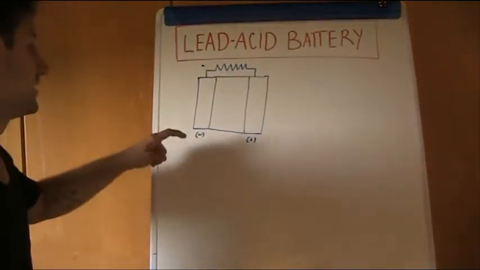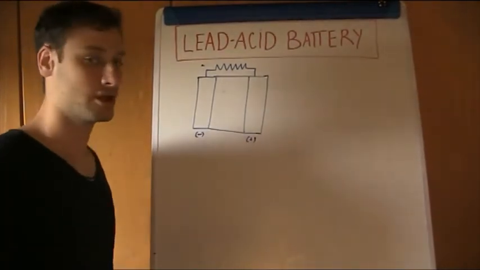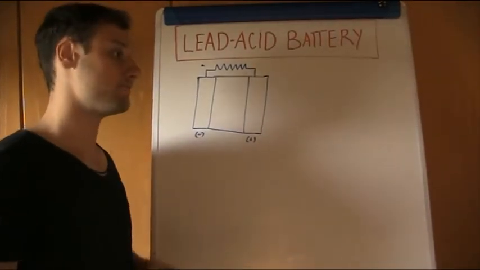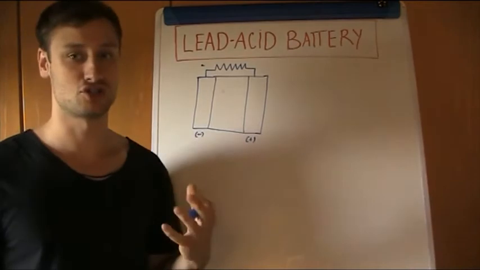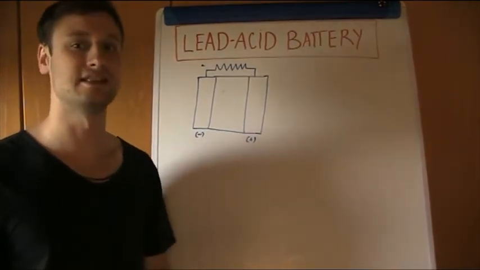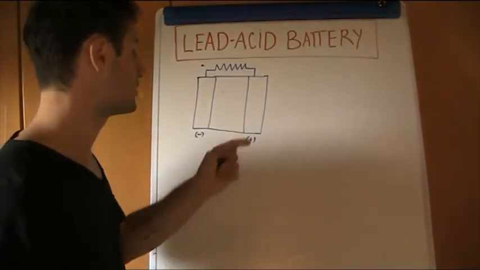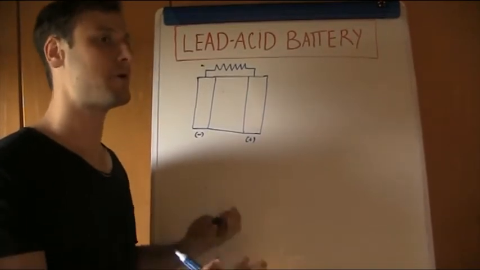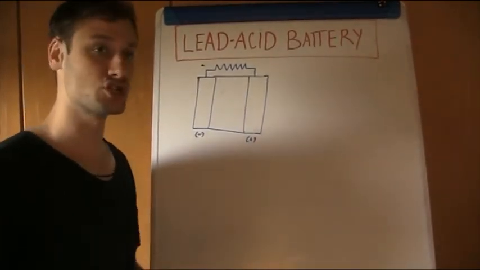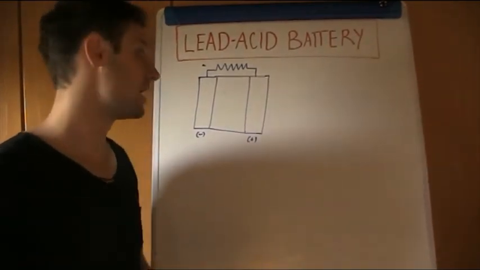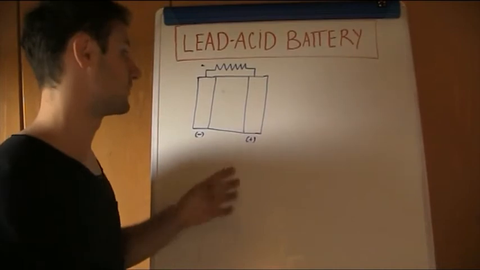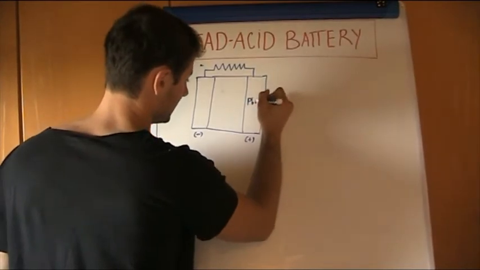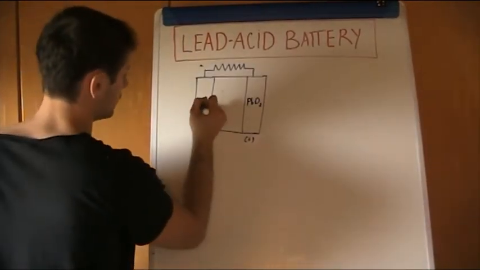The anode, the negative electrode during discharge, is made of sponge metallic lead, whereas the positive one is composed of lead peroxide, a quite fragile black powder created by electrodeposition of lead salts in the industrial production of these electrodes. So here we have lead peroxide and the sponge of metallic lead.